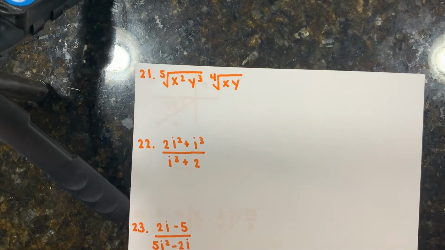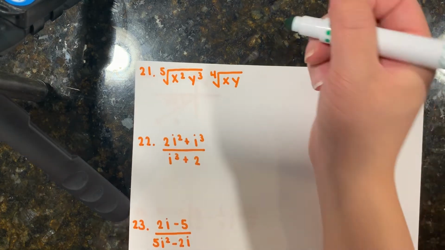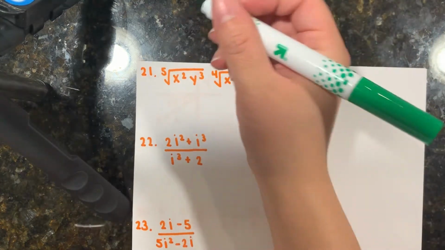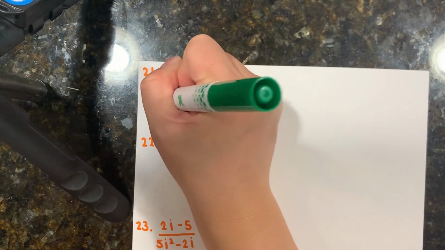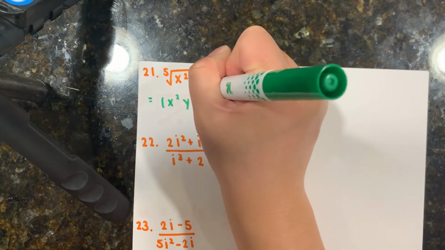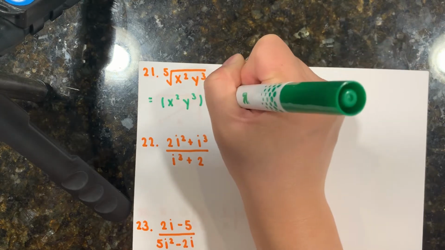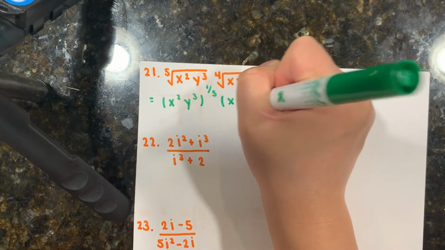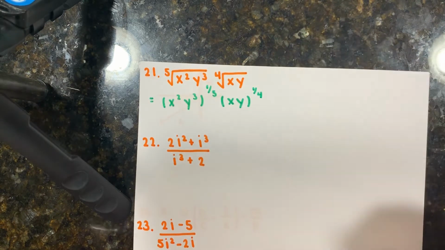Now moving on to number 21. So for number 21, I'm going to start by changing this into exponential form instead of in this format. So this would turn into x squared y to the 3rd all to the 1/5. This would turn into xy all to the 1/4.